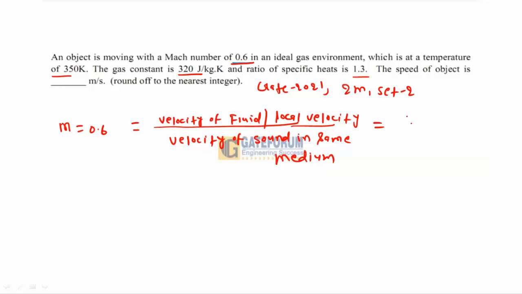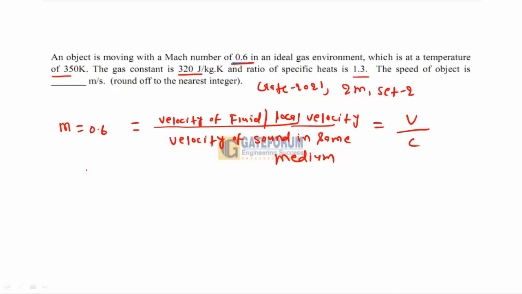So usually I used to write it like that, V upon C. What is C? C is the velocity of sound in this particular medium. What is V? Velocity of this particular object on which you want to talk.